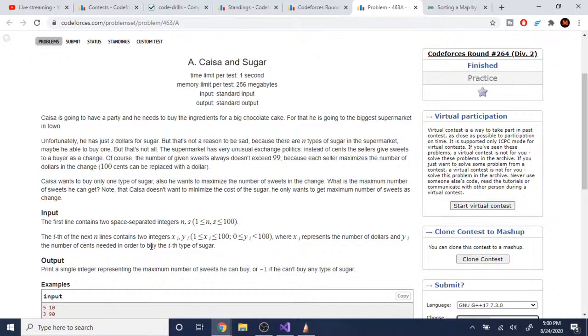Instead of cents, the seller gives sweets to a buyer as change. Of course, the number of given sweets doesn't exceed 99 because then that would maximize the number of dollars in change. Okay, so you want to buy one type of sugar, but you also want to maximize the number of sweets in the exchange. What is the maximum number of sweets you could get?